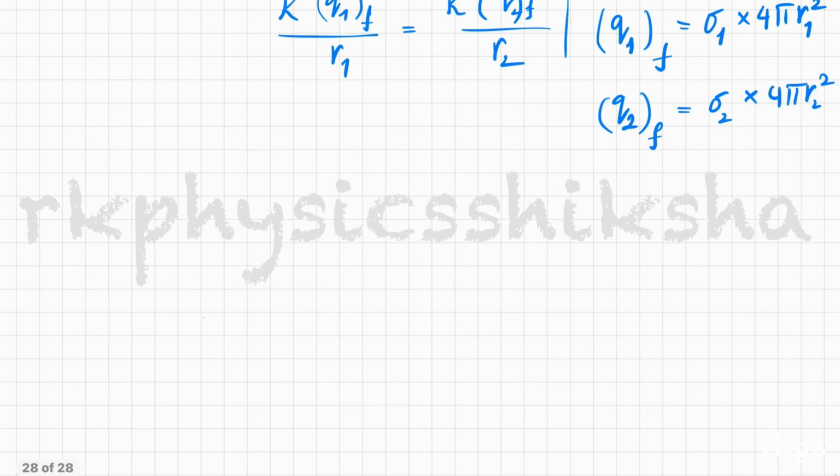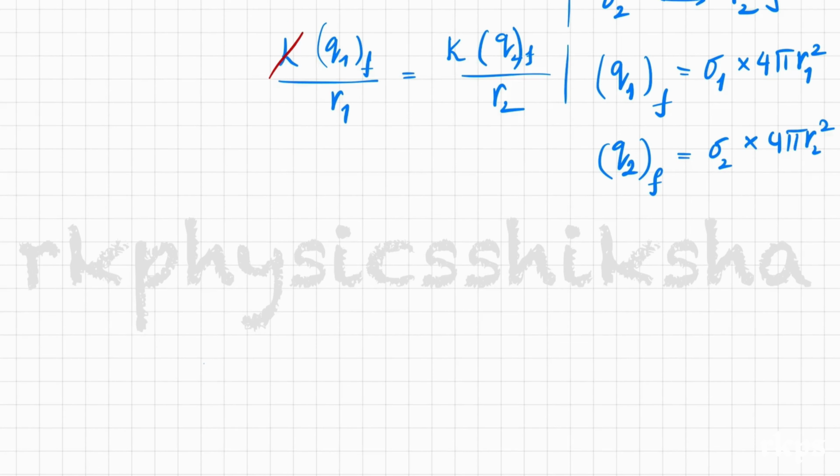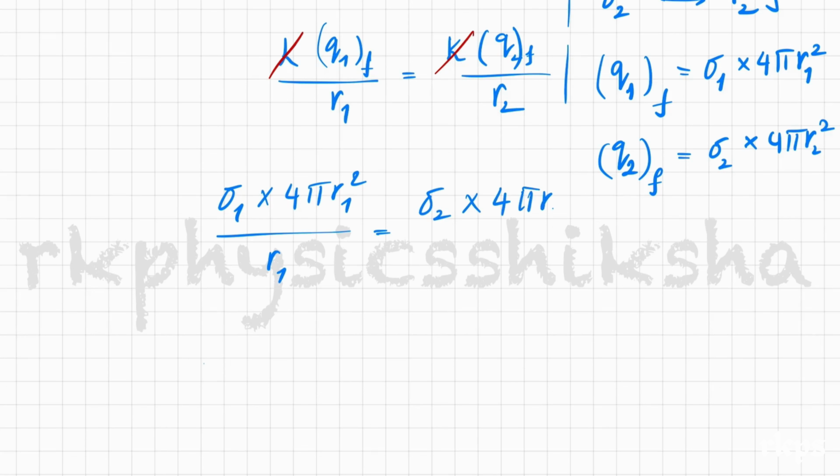Using this relation and substituting, K gets cancelled, and I have sigma 1 into 4 pi R1 square divided by R1 equal to sigma 2 multiplied by 4 pi R2 square divided by R2.